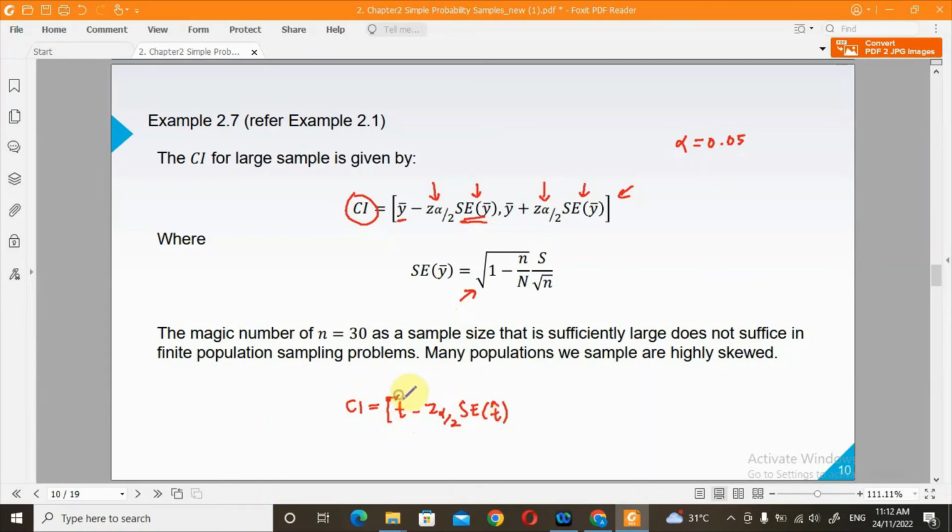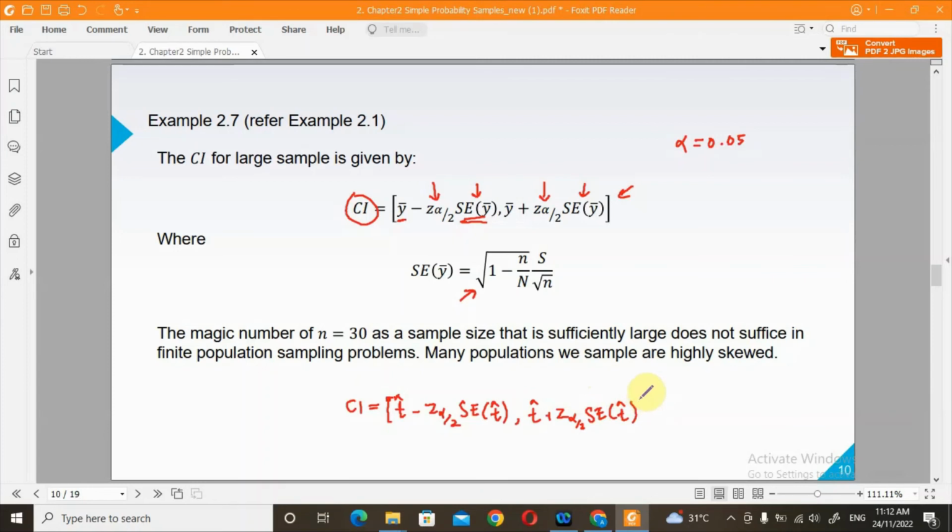The same goes for this one: t hat plus z alpha over 2 times the standard error of t hat.